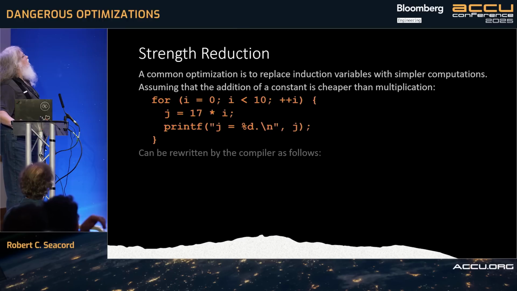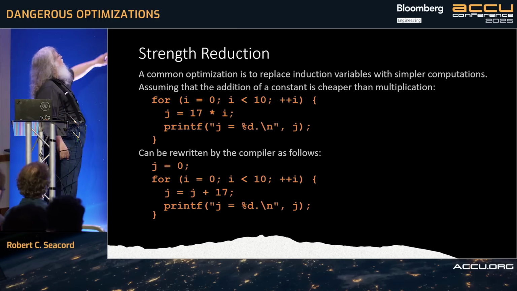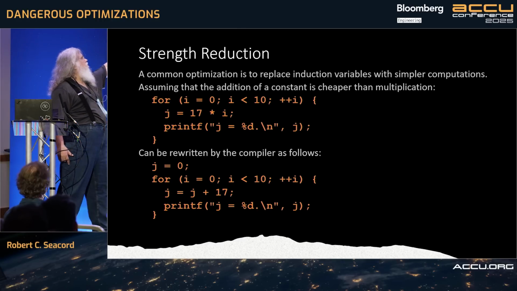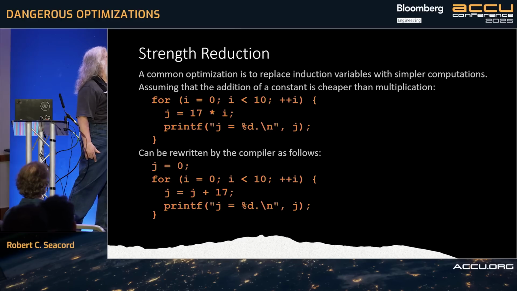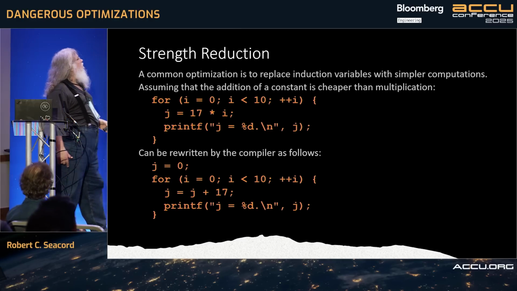There's some hardware out there where this is not true, but assuming this is true, we can take this code and the compiler can rewrite it. What it's done here is it's taken this multiplication of 17 times I and replaced it with an addition. So now it just adds 17 to the existing value of J on each iteration of the loop.